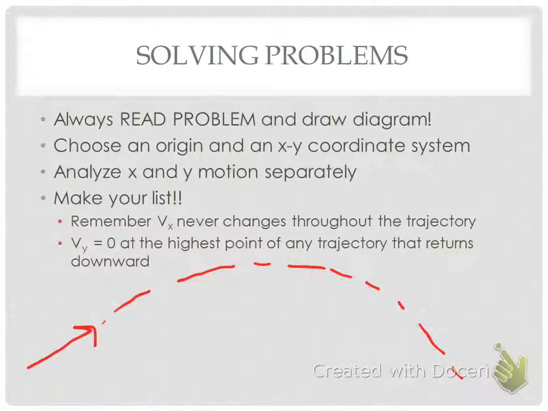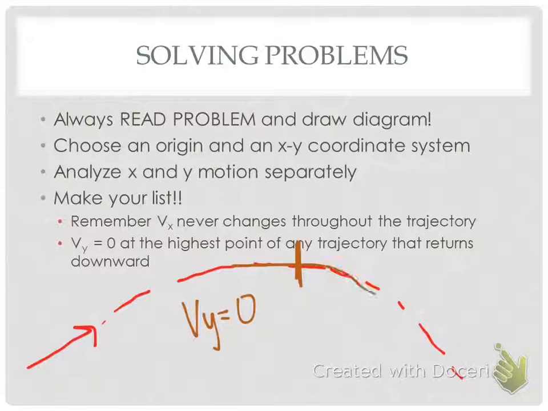Okay, when it reaches its peak height, right here, is it moving vertically at all for that one little millisecond that it reaches its peak height? It's not going up or down, okay? So that means v sub y at peak height would equal 0. What about horizontally?